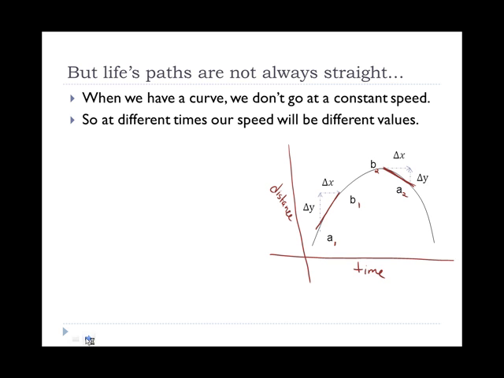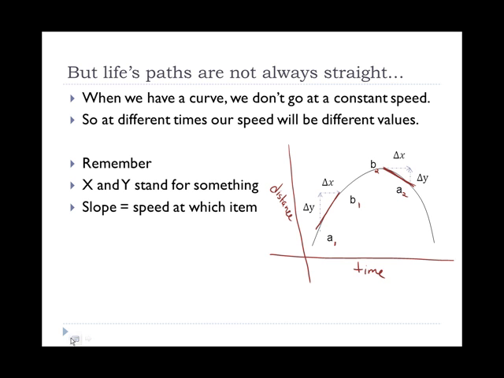All right, so a couple important things to remember. Number one, that X and Y stand for something. Typically, the X-axis is going to stand for time, or a unit of time. The Y-axis is going to stand for a quantity of something, whether it's miles, dollars, or bacteria in a culture.